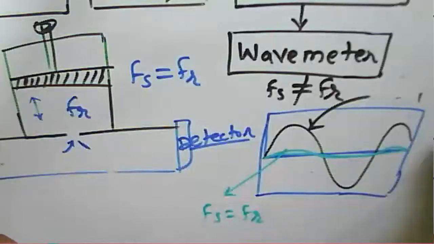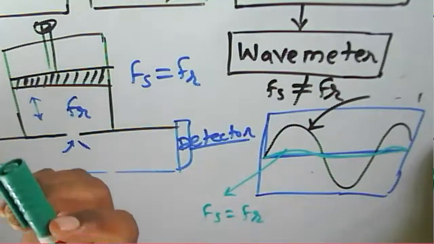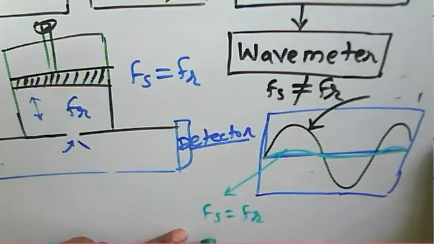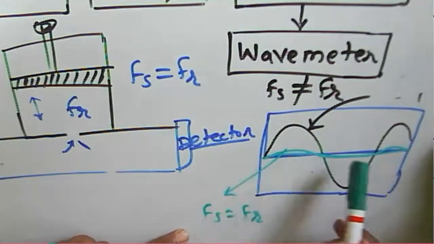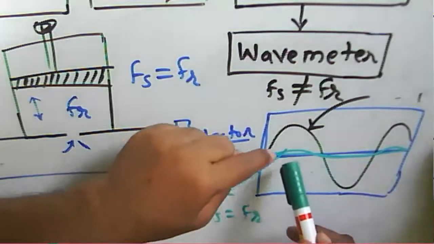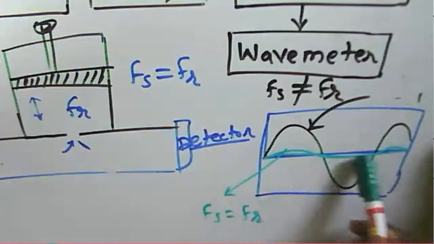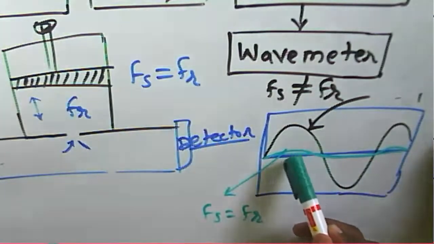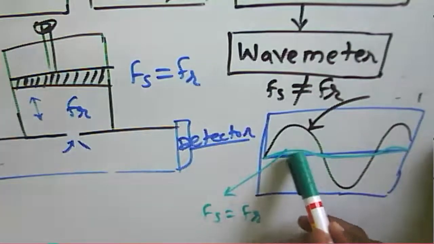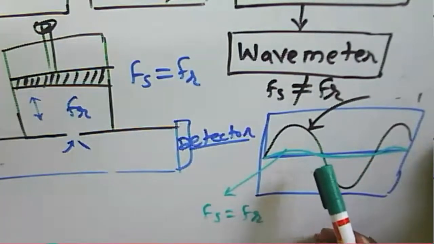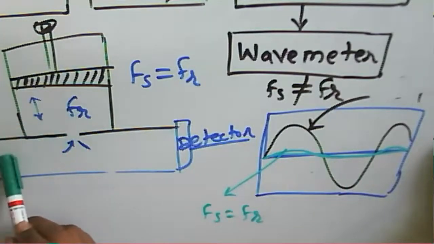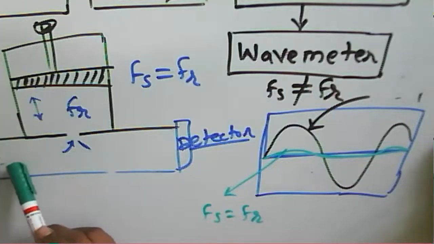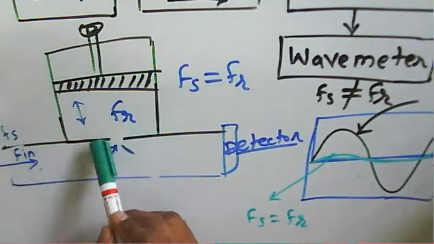Now the resonating frequency matches the signal frequency. Across this detector a dip will occur. A dip means either a straight line or a small amplitude. That is called the dip. Because the resonating frequency and signal frequency match, whichever signal is propagating through the guide from the input side will be absorbed here.